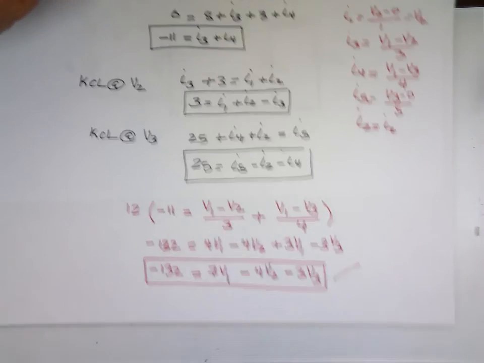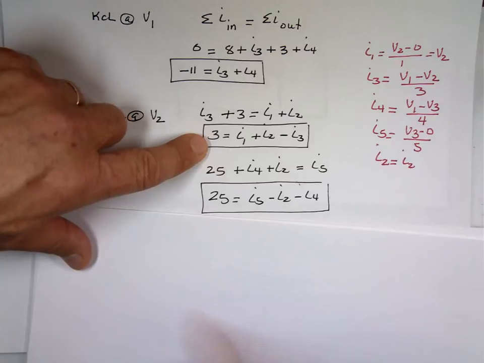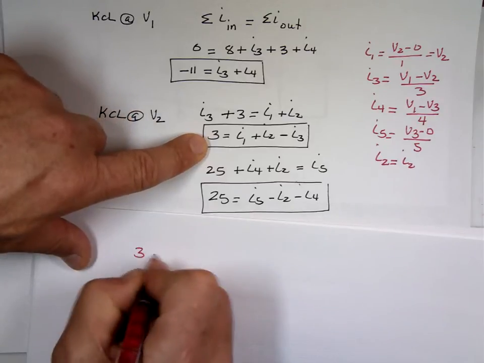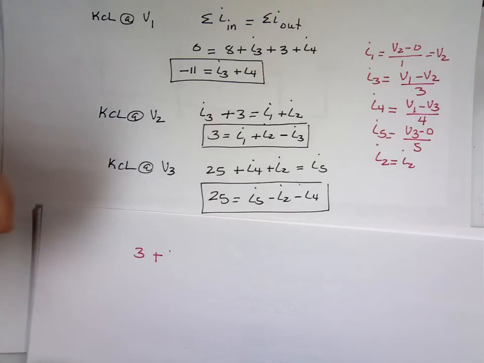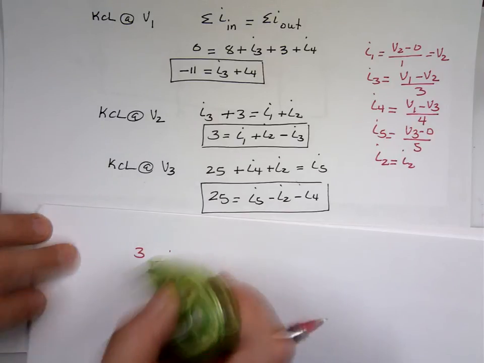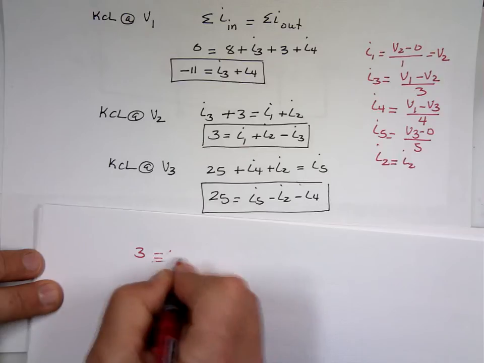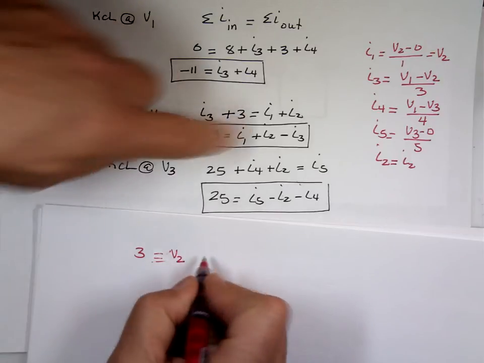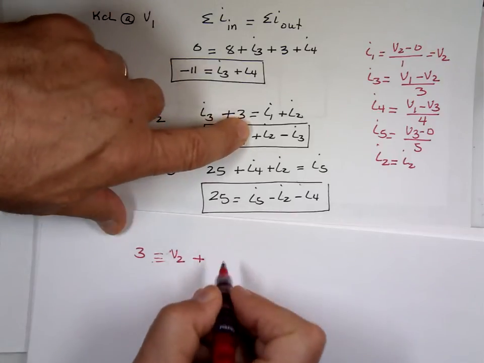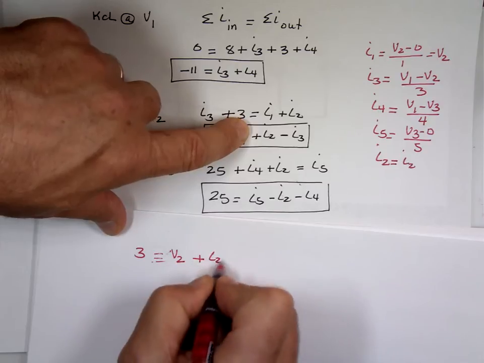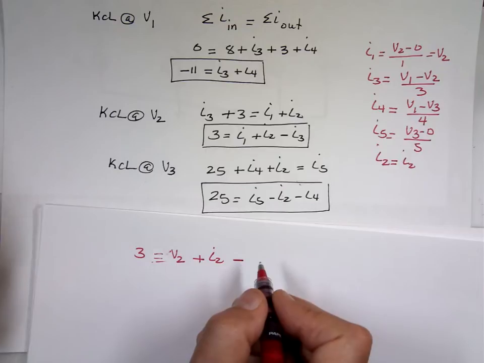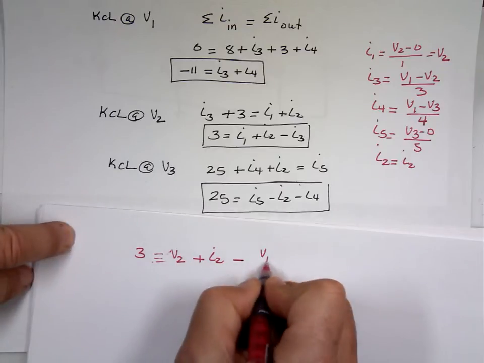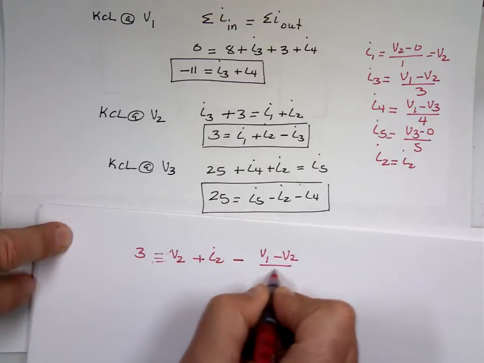Let's see. This one. 3 equals, not plus. 3 equals, what's I sub 1? Plus I sub 2. Uh-oh, it's I sub 2. Minus, what's I sub 3? V1 minus V2 over 3.